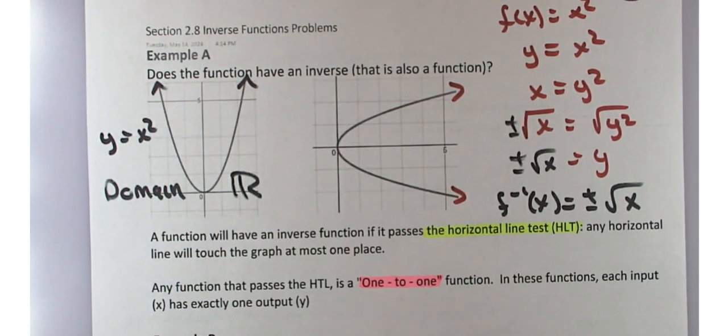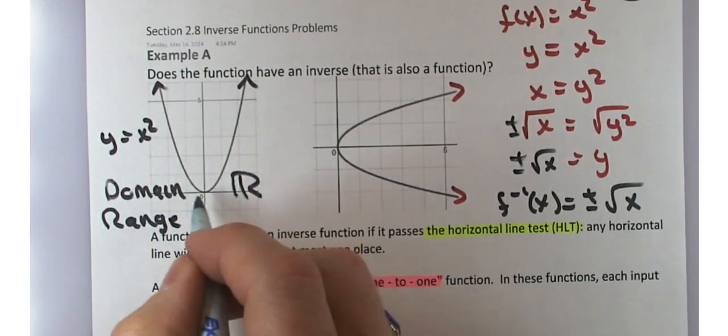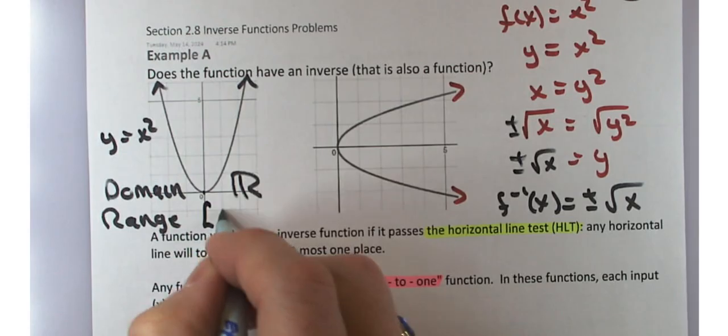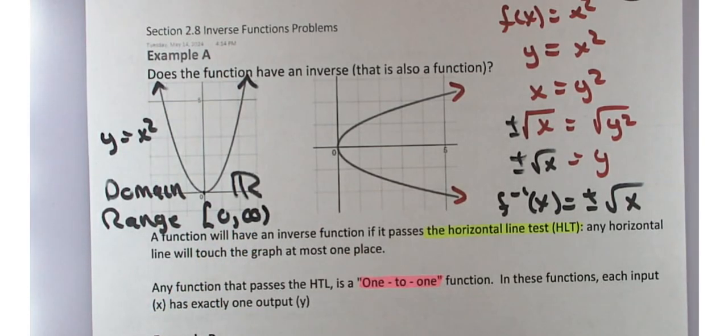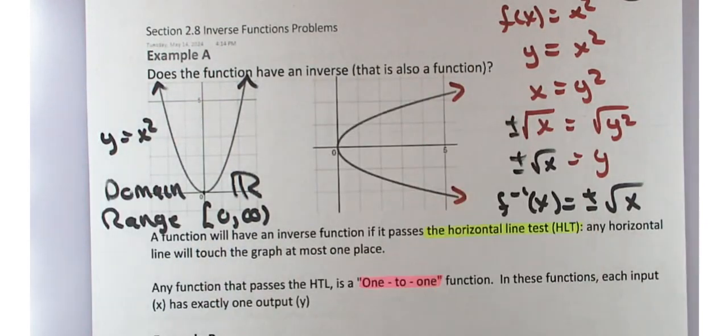The range is a little different. The range starts at 0 and goes to infinity. How about we look at the inverse graph? What's the domain now? Starting at 0 and going to infinity.